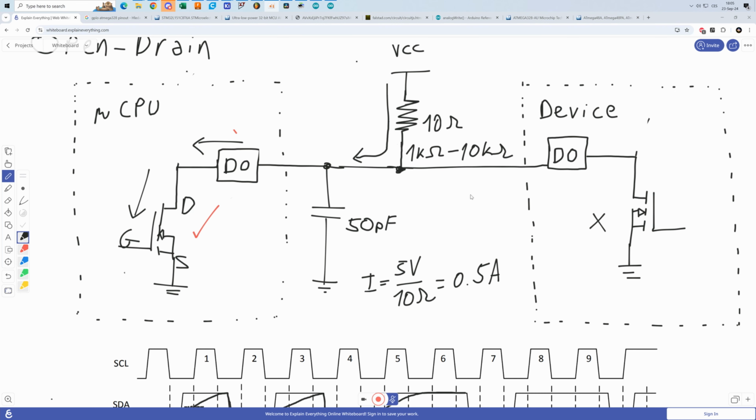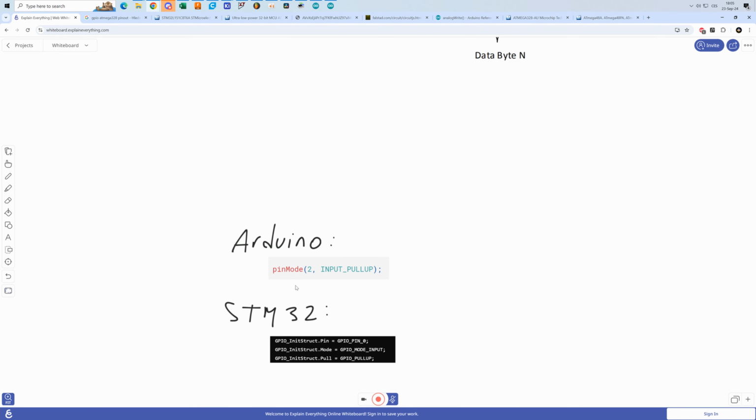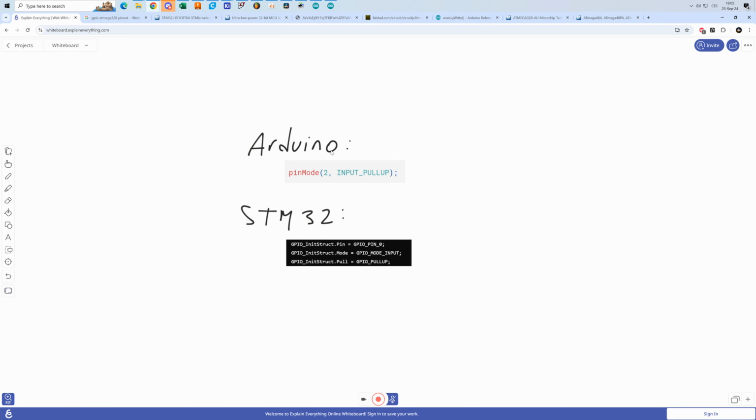Most microprocessors actually even have this resistor integrated in the chip, and you can configure it in software. You can either configure it to be disabled or enabled. So that sounds like a good idea, and you can see how to do it here. This is in case of Arduino.